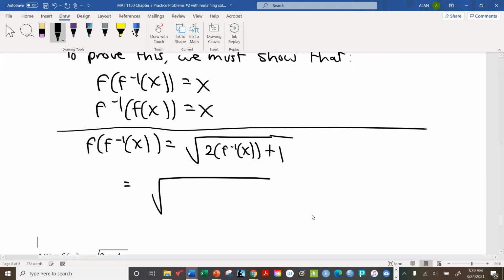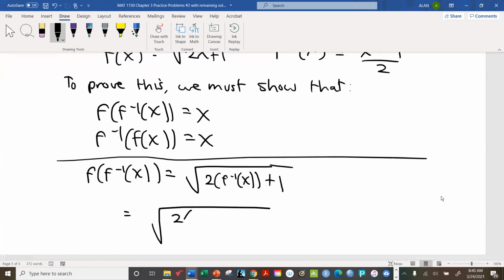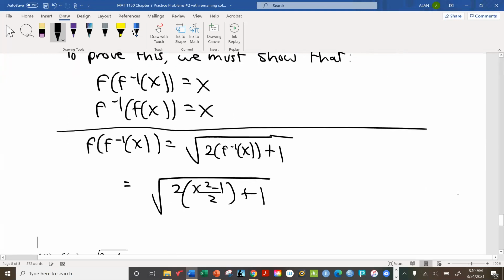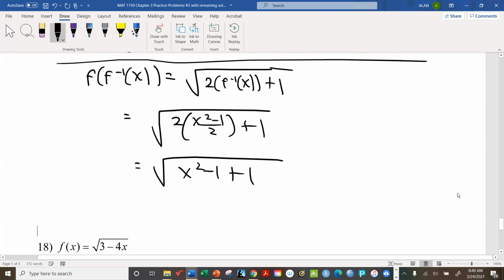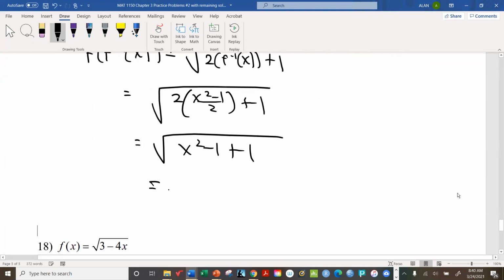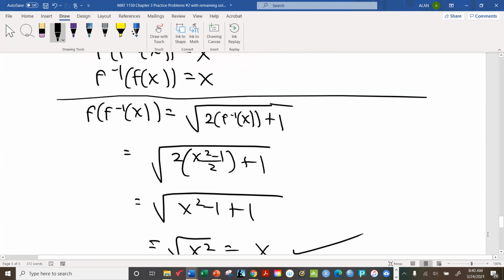So the inverse that we found was x squared minus 1 over 2. All right, now we keep our fingers crossed and hope that this ultimately proves to be equal to x. Let's see. Well, the 2's cancel out. Oh, I think it's looking good. Yeah, this is it. So we just proved one of the two conditions.